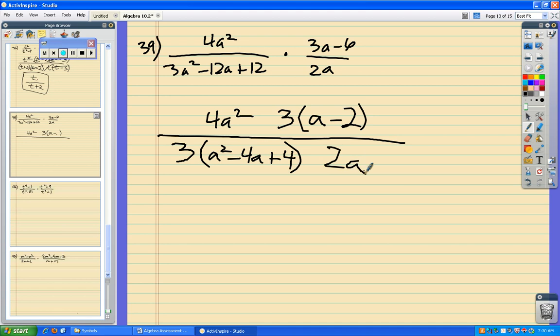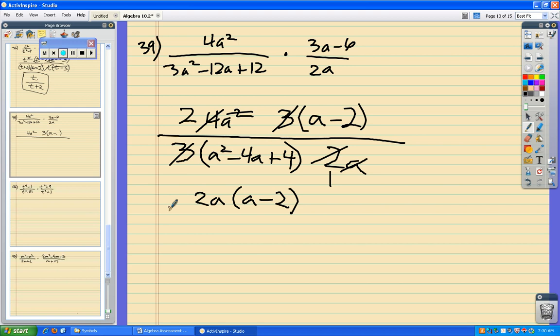Okay, so before I factor this out, let me just do some canceling so that we can make this a little easier. The 2 cancels out with the 4. That's 1, that's 2. The a squared, you can cancel out one of the a's on the bottom. The 3's cancel. And that's it. So there's a 2a still here on the top and an a minus 2.